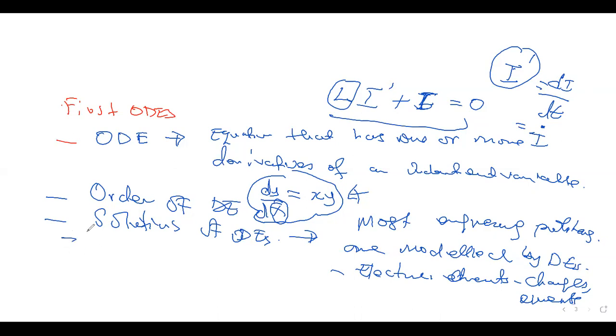And then we're going to look at separable ODEs, okay? Then we shall look at DEs that can be made separable when they are in their initial stages not separable, okay?